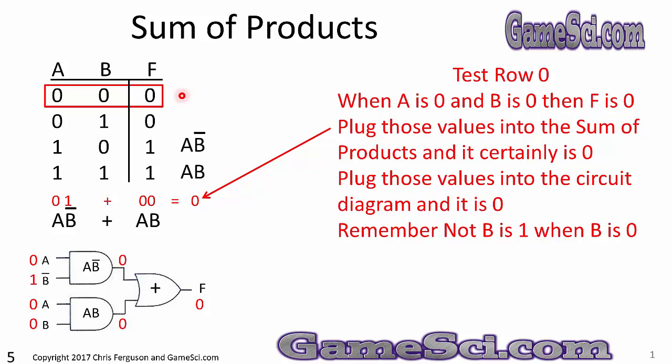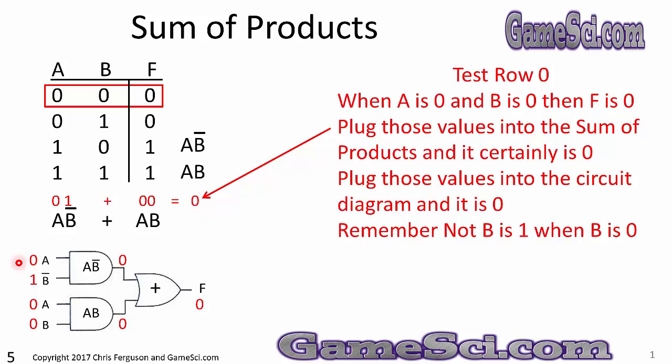Let's do it. For each line of the truth table, let's see if this circuit and this Boolean algebra expression produce the same result. When A is 0 and B is 0, F is 0. Plug the values into the sum of products and it certainly produces a 0.